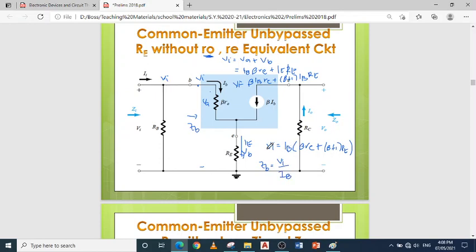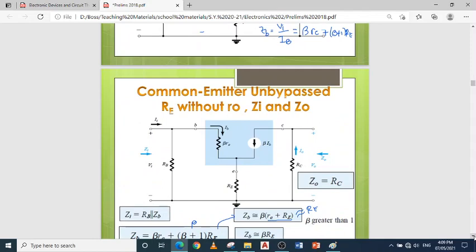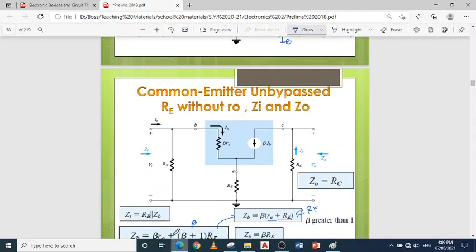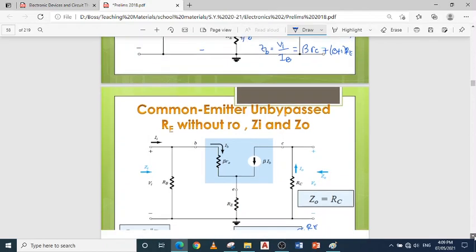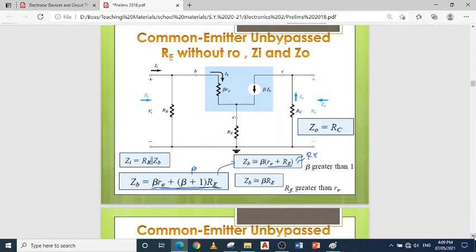Dividing both sides by IB, what remains is beta RE plus beta plus 1 RE. Is it equal to the formula here? Yes, beta RE plus beta plus 1 RE.